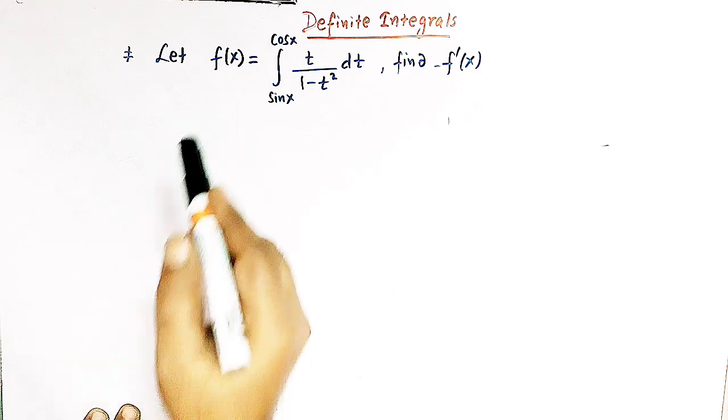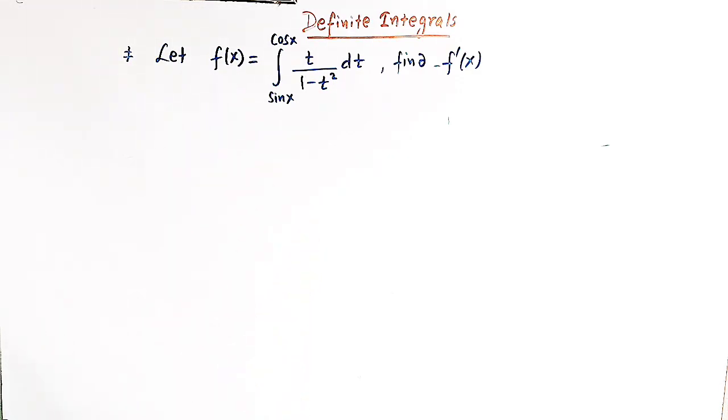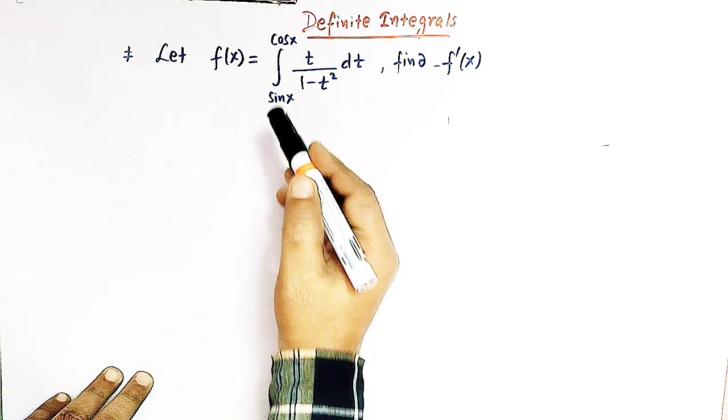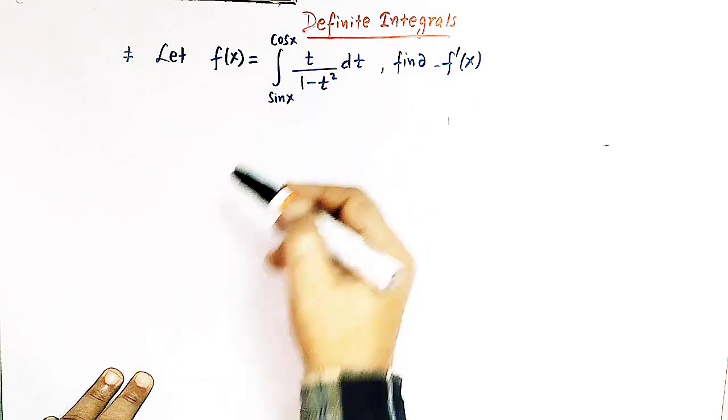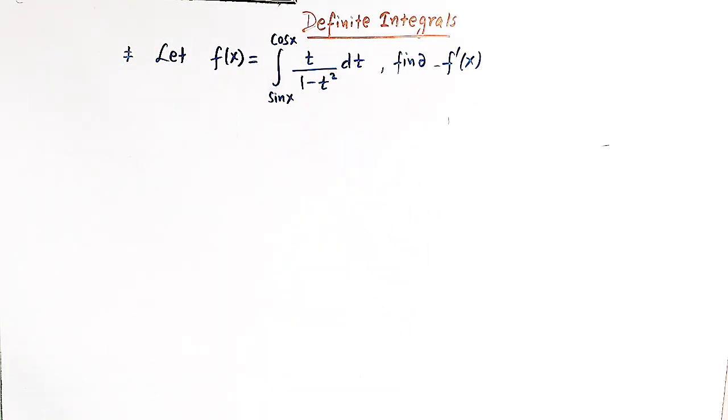So to get the derivative of f of x, we are going to make use of the famous Leibniz integral rule, how to differentiate an integral when the limits of integration are some function of x.